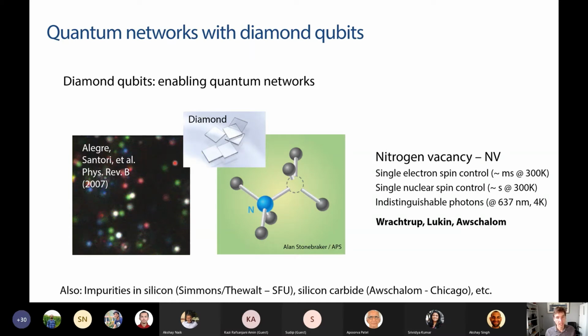Much of this work over the last 10 years is focused on impurities such as the nitrogen vacancy center in diamond. So basically, if you take a perfect diamond crystal and replace one of the carbon atoms with a nitrogen, and place that next to a missing carbon atom, a nitrogen and a vacancy, you can find that this impurity behaves in many ways like a trapped alkali atom, in the sense that it has well-defined ground states and well-defined excited states.